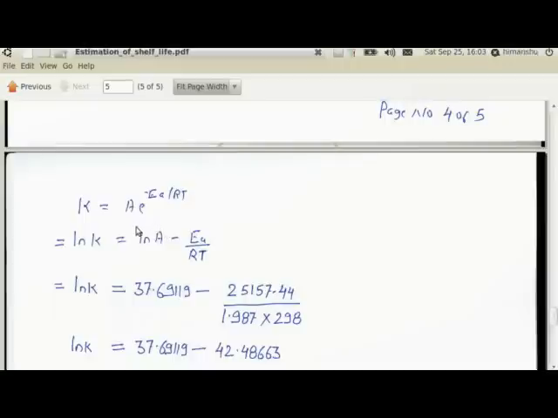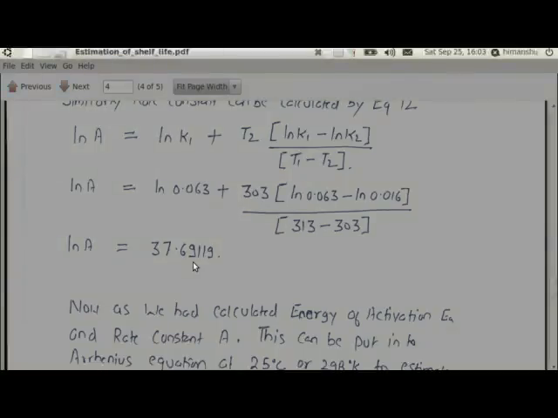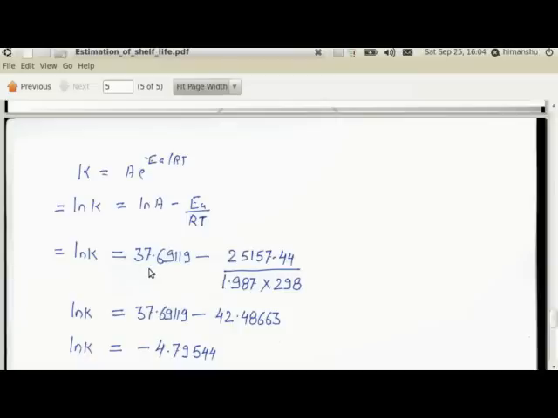We have the value of ln A, that is the constant which we have just calculated, 37.69119. So this we equated over here. We have the rate constant and the energy of activation, which we calculated with equation number 9. We equated it here.